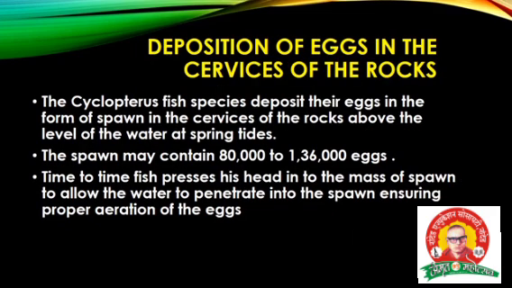Then, deposition of eggs on the surfaces of rocks is the next example of fish which do not build a nest. Rocks, you know very well about the rocks. The Cyclopterus fish species deposit their eggs in a foam of spawn on the surfaces of the rock above the level of water at spring tides.